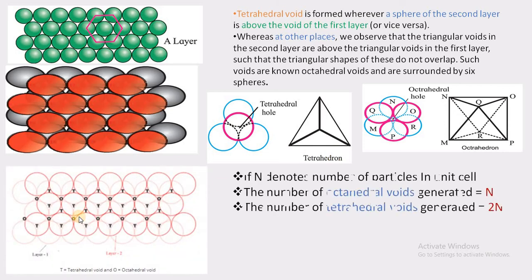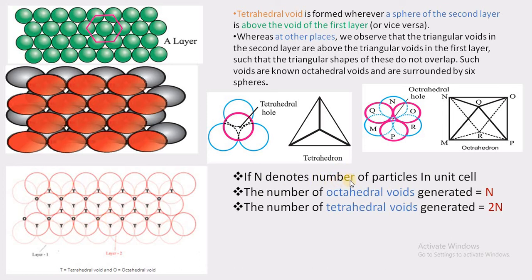These are the different holes which are named tetrahedral voids and octahedral voids. Alternately, whenever there are 4 atoms around the hole, it is a tetrahedral void, and whenever there are 6 atoms around the void, it is an octahedral void, and alternately tetrahedral and octahedral voids are formed.